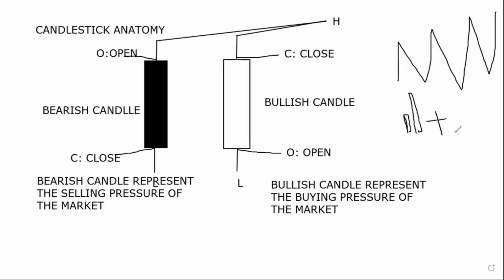And then you see something like this. So these are charts. However, the Japanese candlestick was developed to give more reading into the market. So there are more data embedded in the candlestick.